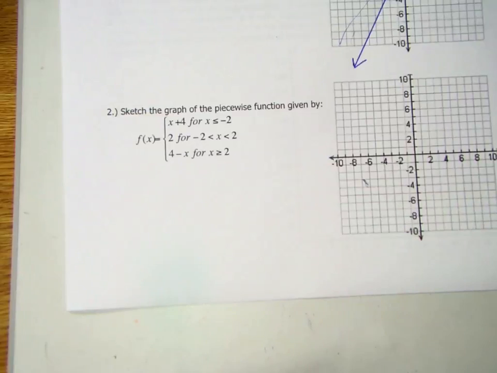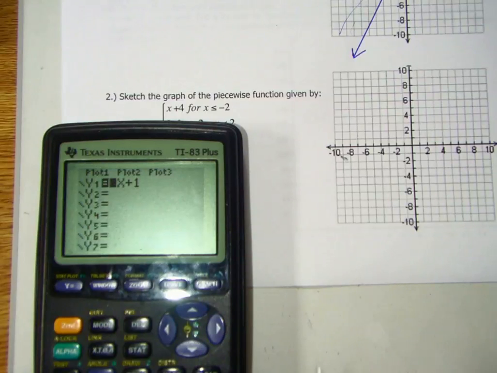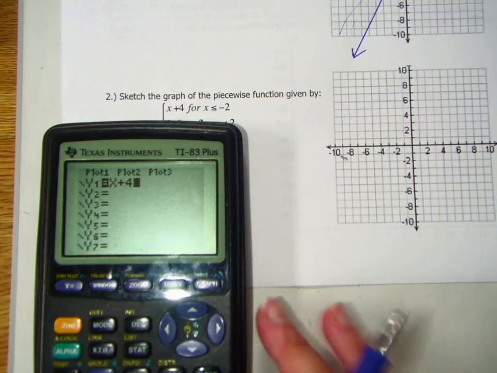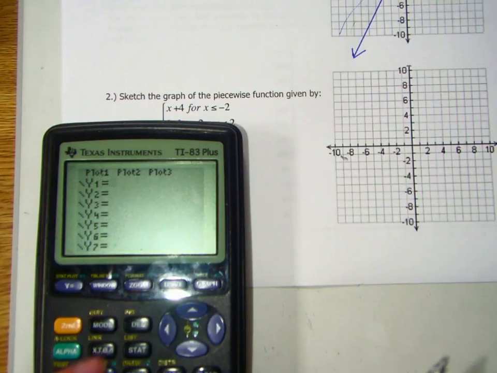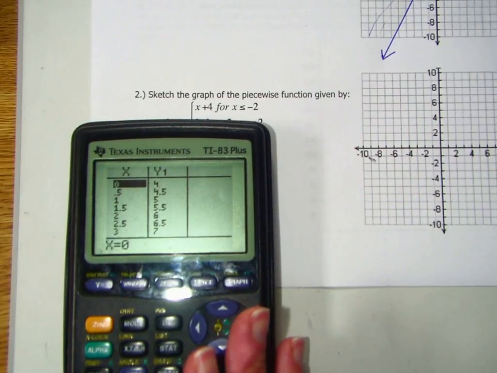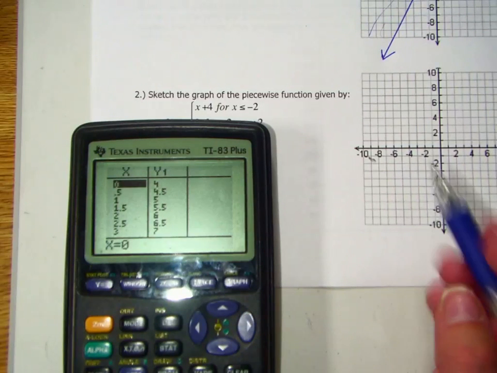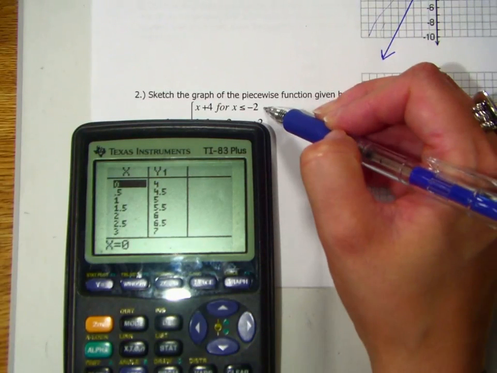Okay, here we go. So, cheater lazy way, I'm going to take x plus 4 and plug it in. Look at my table. And this time, I'm concerned with when x is -2.